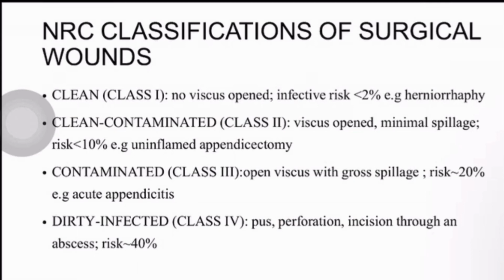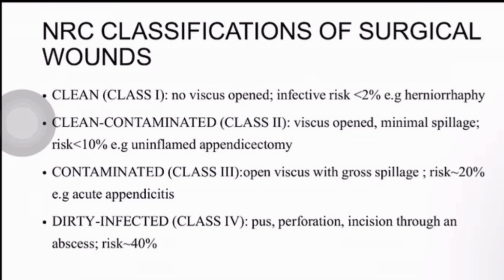So the NRC classification of surgical wounds, I just put this here to help us understand the point where we can give antibiotics and where antibiotics are not necessarily needed. The clean surgical wounds, also called class one: no viscus is opened, and infection risk is less than 2%. Examples include herniorrhaphy.